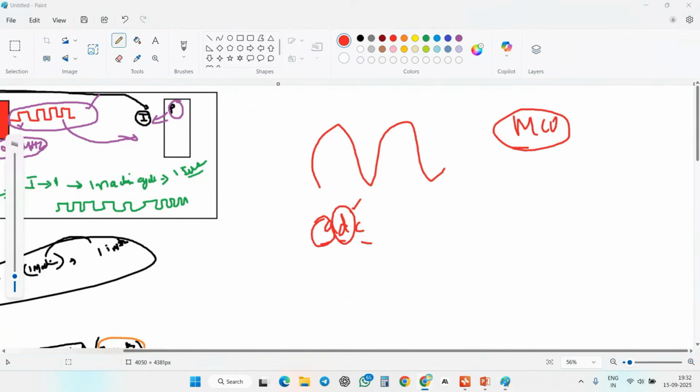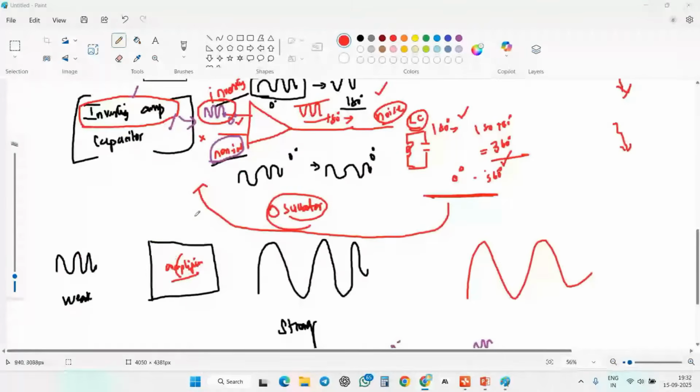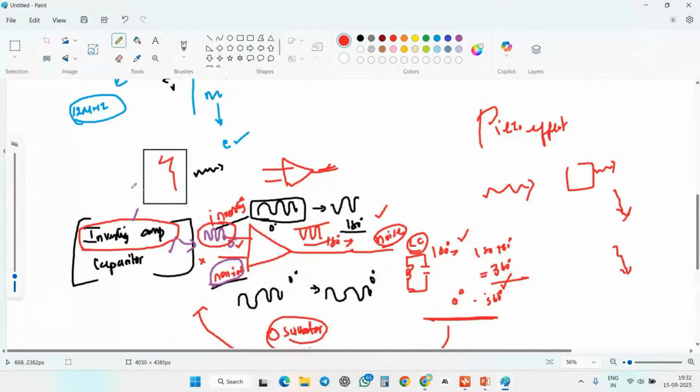Right. So for this case, I'm going to bring up one circuit. Where is the inverting amplifier? It is inside the circuit, Babajan. This inverting amplifier is inside your oscillator, and it has LC circuits.